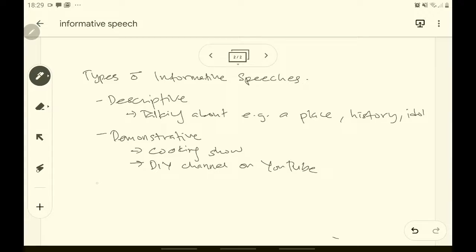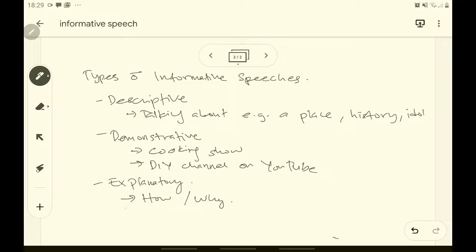And the third type of informative speech is explanatory speech. Explanatory speech is a speech where you usually explain something. You explain how or why of the topic. Let me just put it here: how or why.